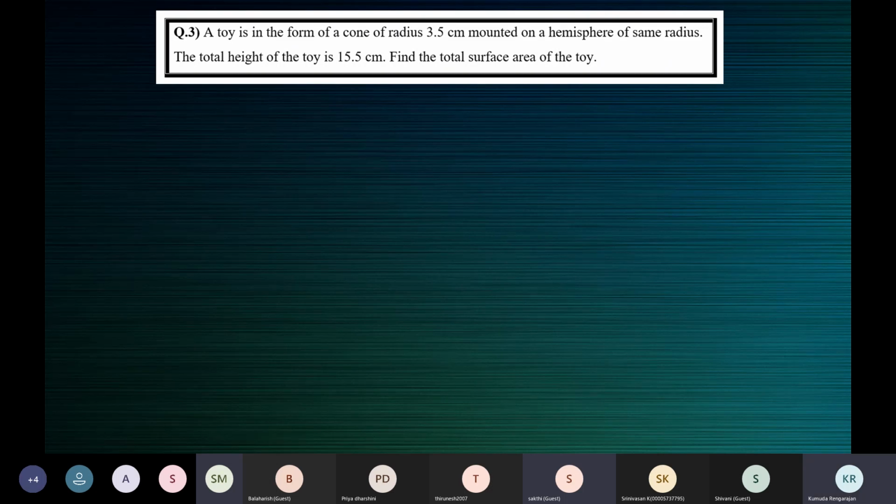A toy is in the form of a cone of radius 3.5 centimeters mounted on a hemisphere of the same radius. The cone is mounted on a hemisphere.